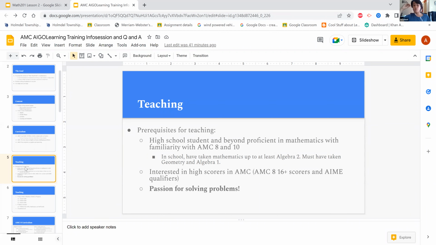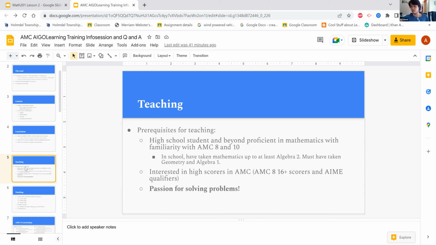And we're particularly interested in high scores in AMC. So AMC 8, 16 plus scores and AIME qualifiers. However, you do not need that. For example, if you have higher education in mathematics, that is fine. And as long as you show a passion for solving problems and you have the willingness to teach and learn this material, then that is fine.